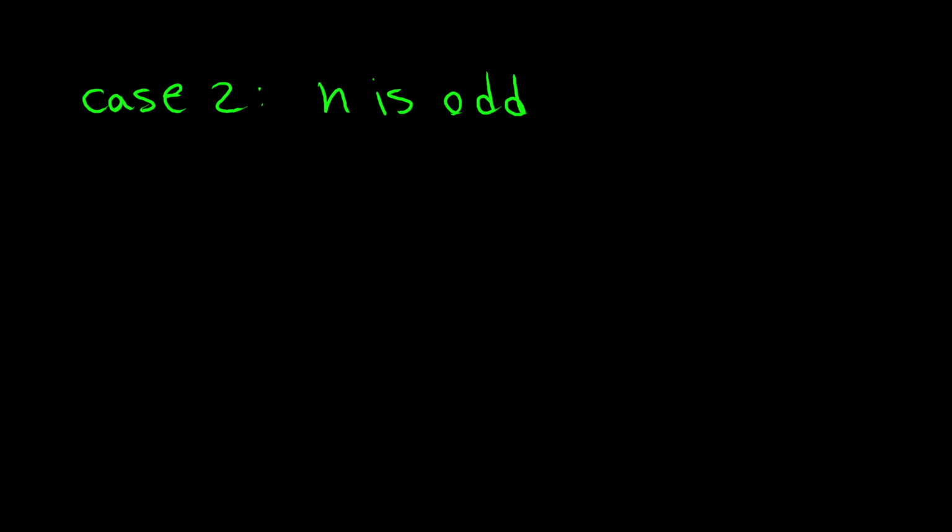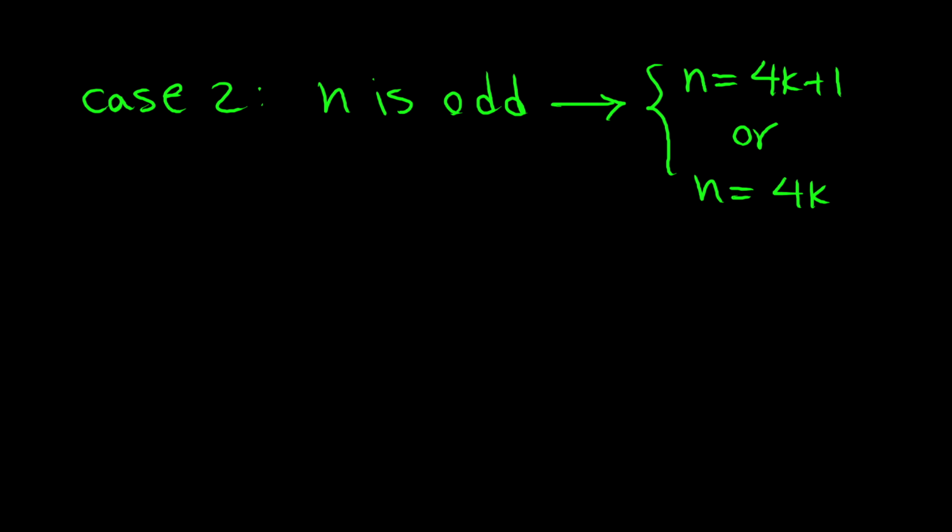So we need to express n in a different way. I'm going to express n as 4k plus 1 or 4k plus 3. So whenever 2k plus 1 is not useful for an odd number, we usually use 4k plus 1 and 4k plus 3.